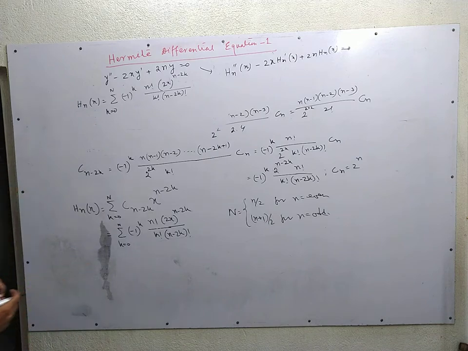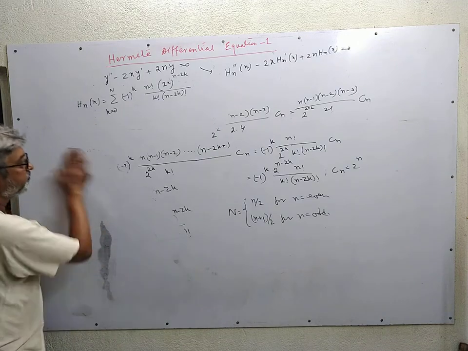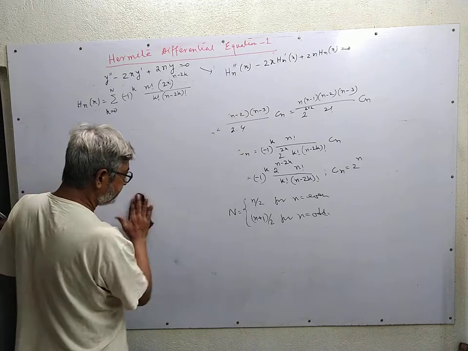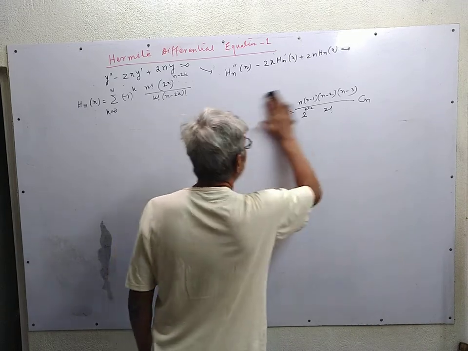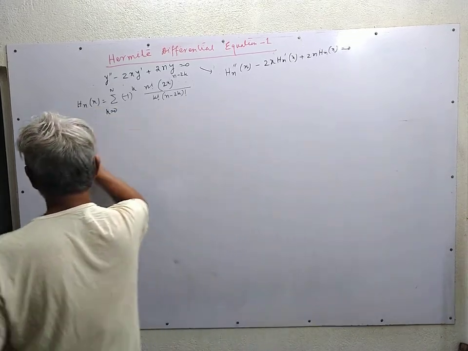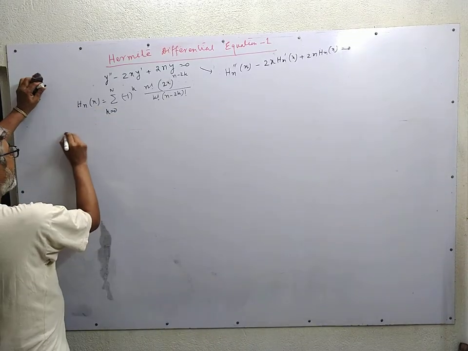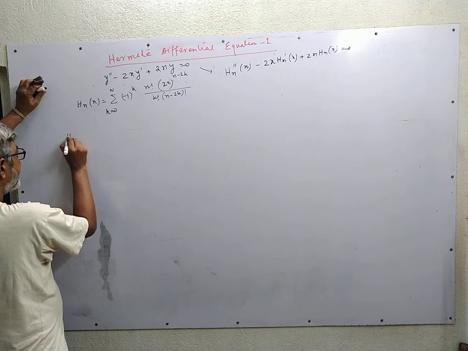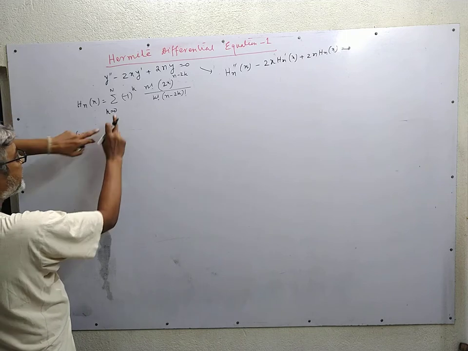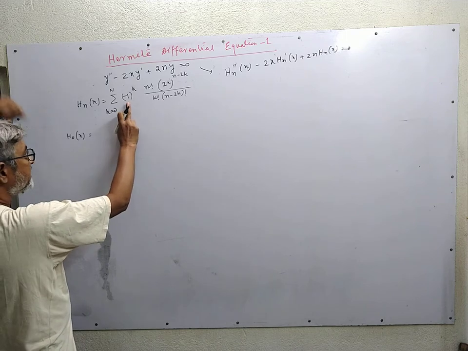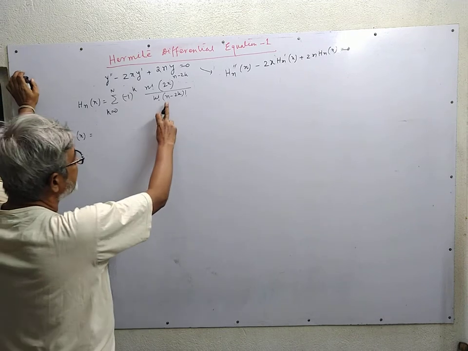Let us calculate a few special Hermite polynomials using this expansion. First we put n is equal to 0 to get H0. So for H0 of x, there is only one term corresponding to k is equal to 0, because n is equal to 0.